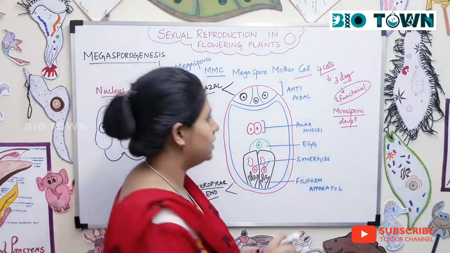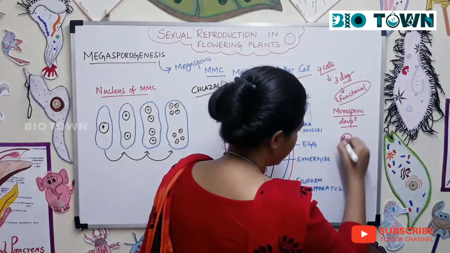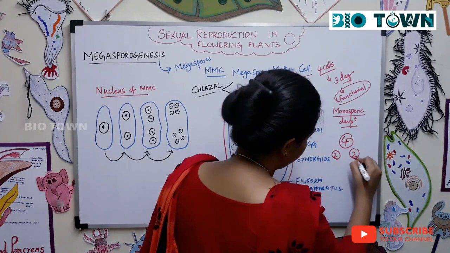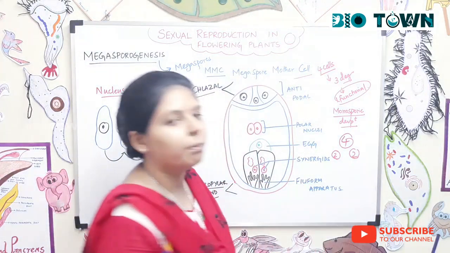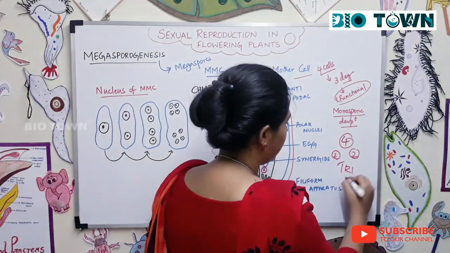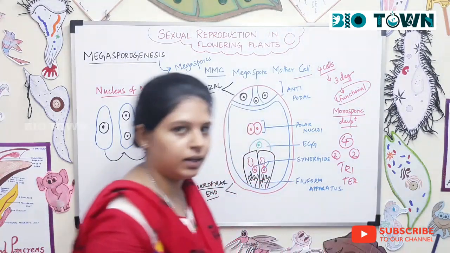When out of these four cells, two disintegrate and two are functional, you call it bisporic development. In the same way you have trisporic development and tetrasporic development.